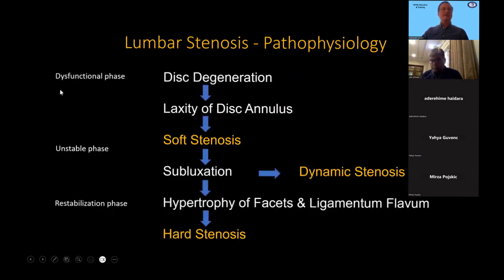So at the end of the dysfunctional phase, there is a soft stenosis coming mostly from the disc itself, then a subluxation and a dynamic stenosis during the unstable phase, and after hypertrophy of the facets and ligamentum flavum, the hard stenosis phase happens at the restabilization phase.